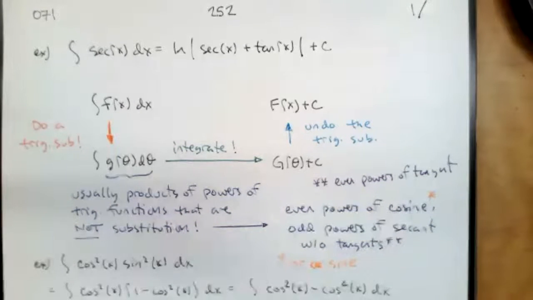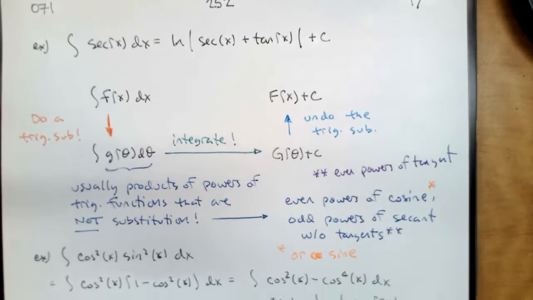Since odd powers of secants without tangents for powers greater than 1 just boils down to doing parts, you can also do parts with the even powers of tangents there. But just like I said, I want to summarize the even powers of cosine. I'm just going to call it even powers of cosine, even though that includes sine.